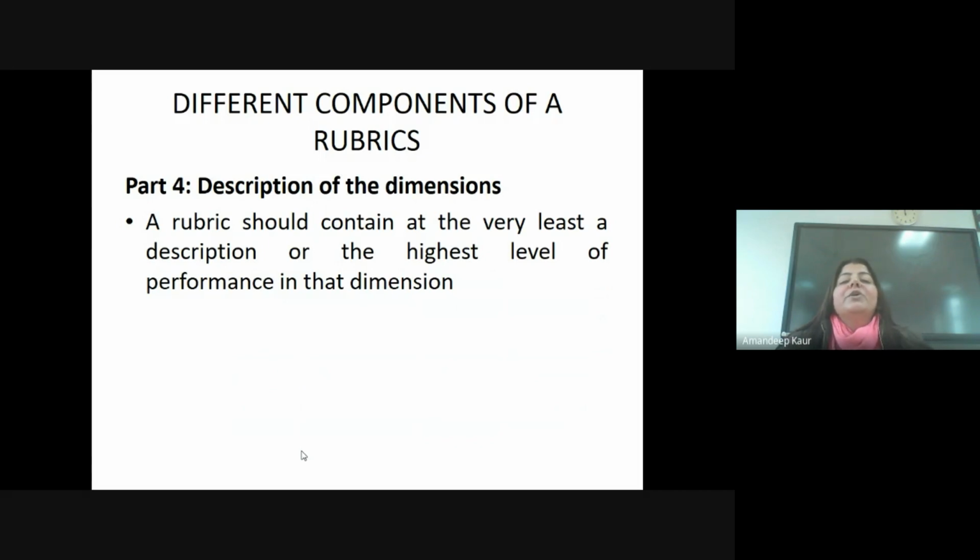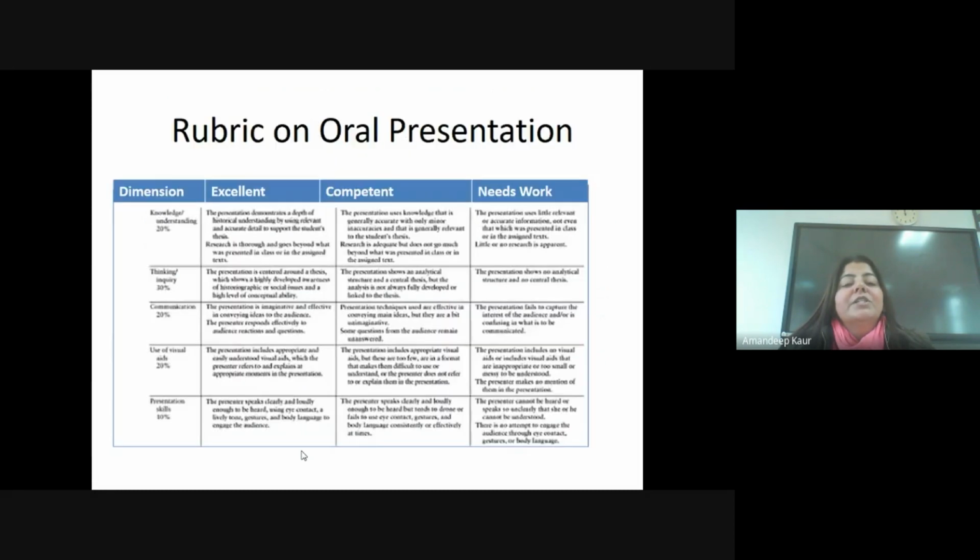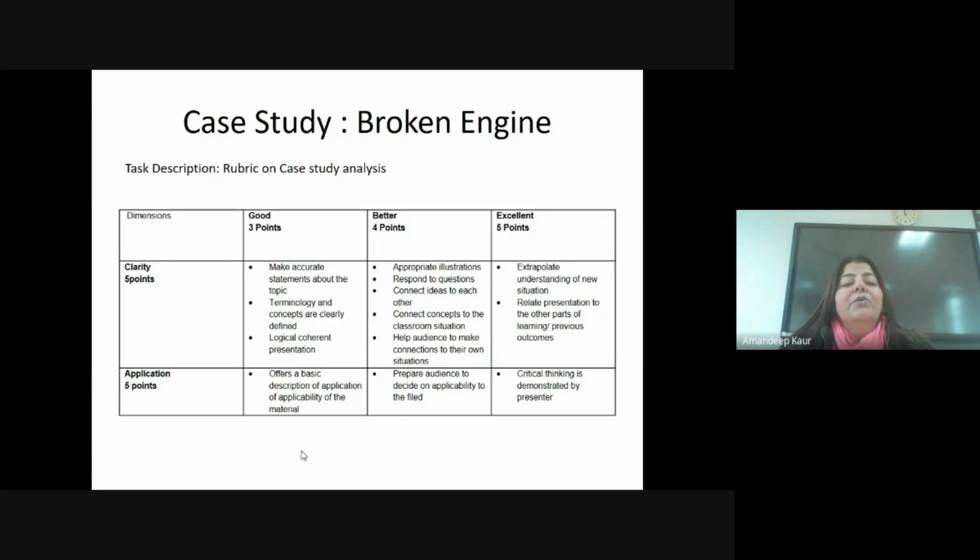A rubric should contain at least a description of the highest level of performance in that particular dimension. But my suggestion to all the faculty members is that whenever it is a description of the different dimensions, for every scale there must be a distinct explanation given by the teacher. So description plays an important role.